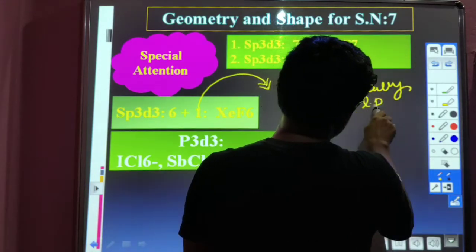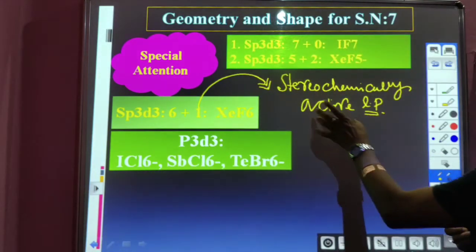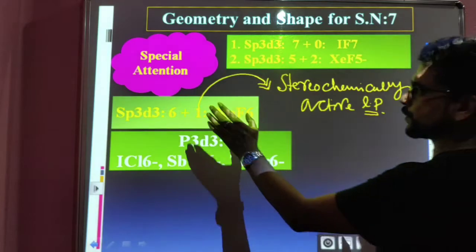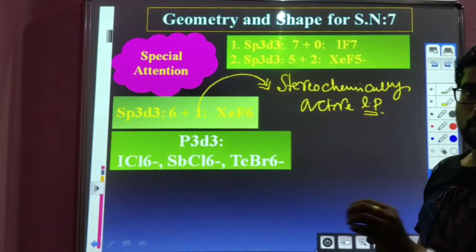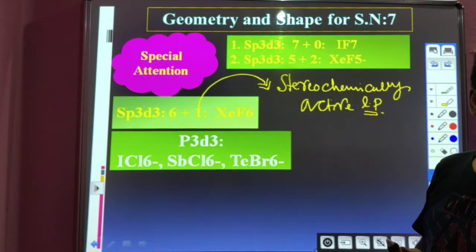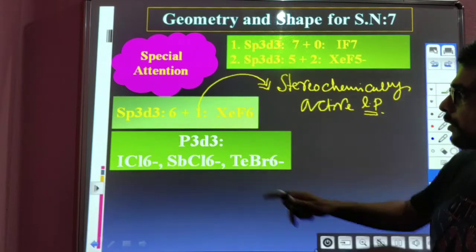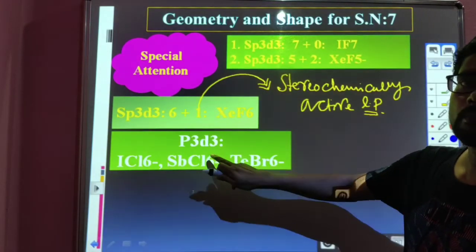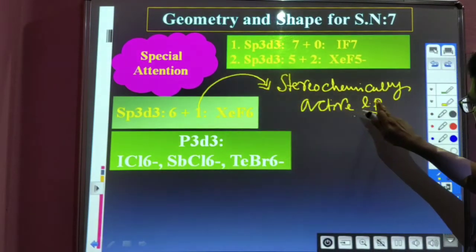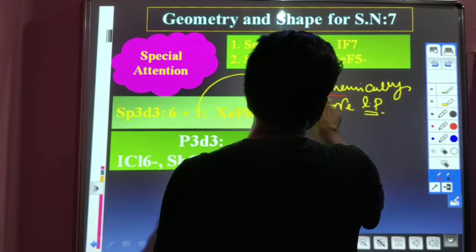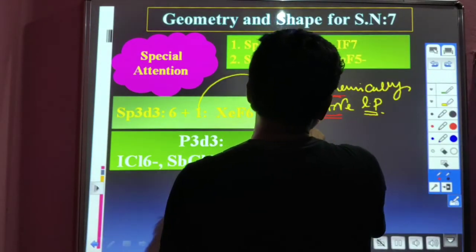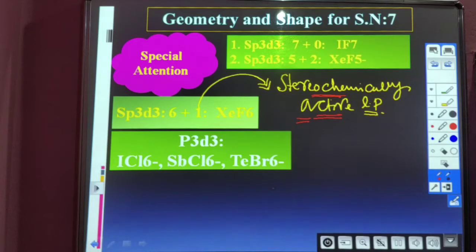Active lone pair means it will take part in hybridization. Not all the lone pairs of electrons will take part in hybridization. Later I will show you.